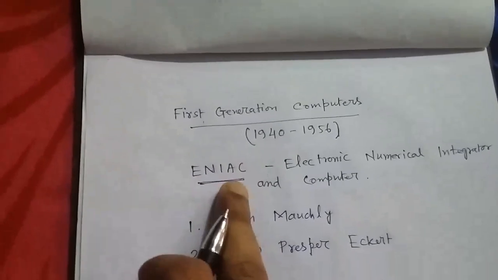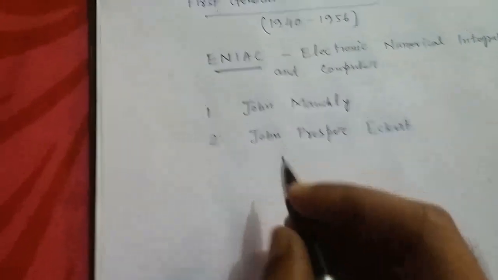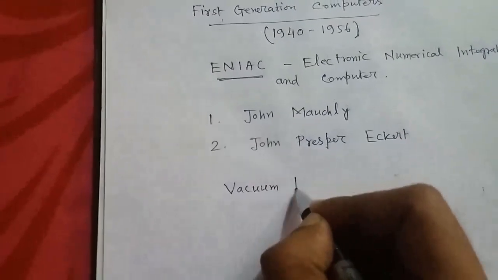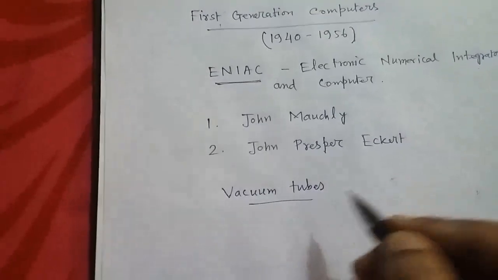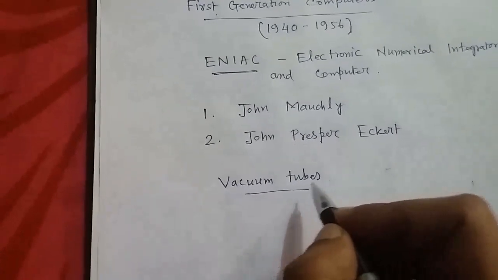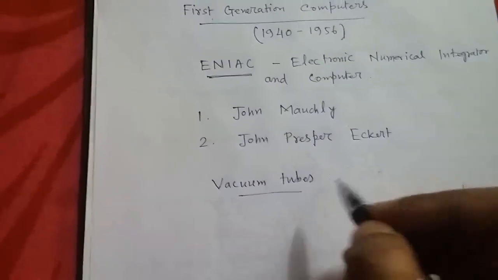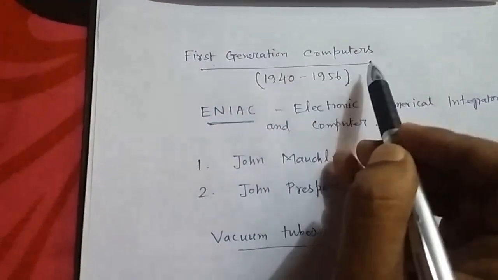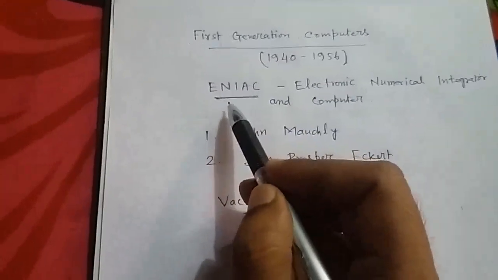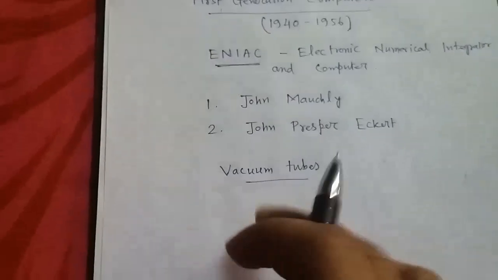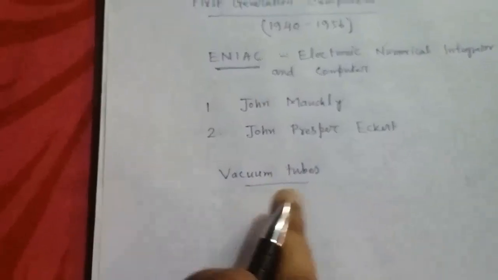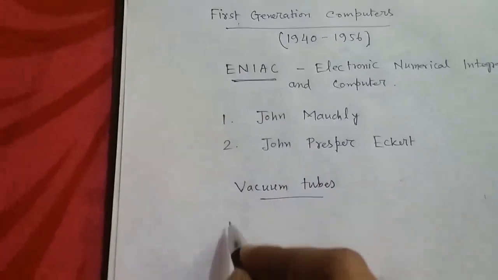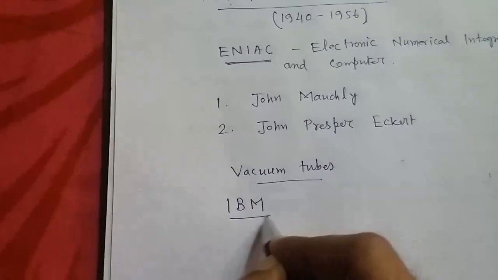This ENIAC was built with the technology of vacuum tubes. So vacuum tubes were the main electronic components used in first generation computers, that means in ENIAC. Only one high level programming language was developed in this generation, by IBM, which stands for International Business Machine.